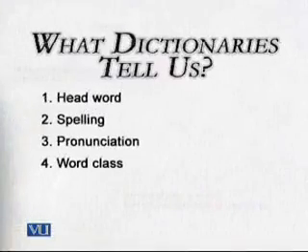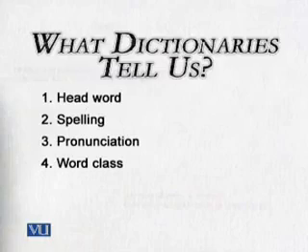Then, of course, after this, you find word class. Word class means that the word is a noun, or an adjective, or a verb or adverb, or an article, or a preposition, or a conjunction. Whatever that grammatical information is, the dictionary is going to guide you. So, first, the dictionary gives you the keyword, which we call the head word, typed in bold.